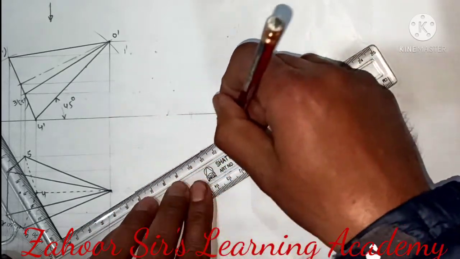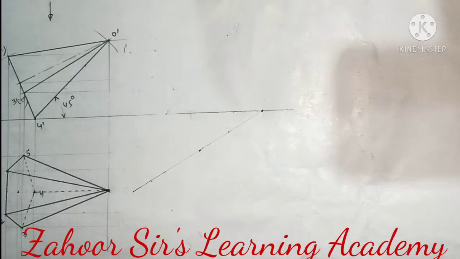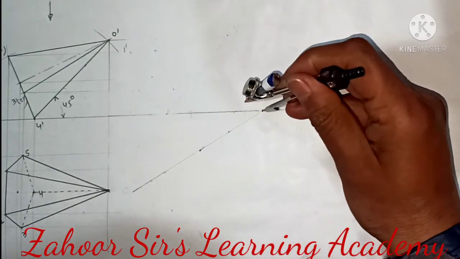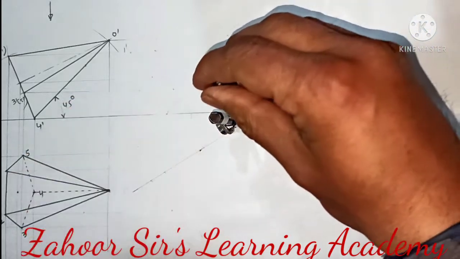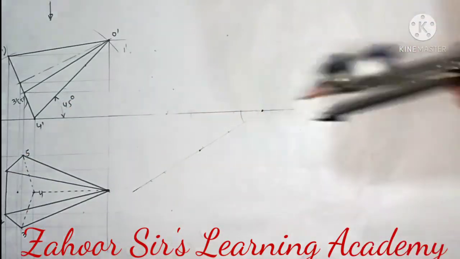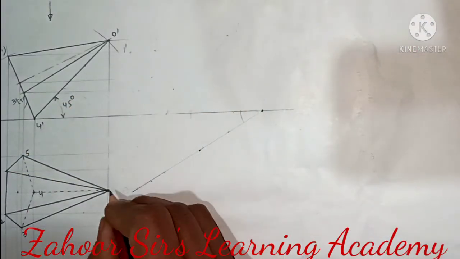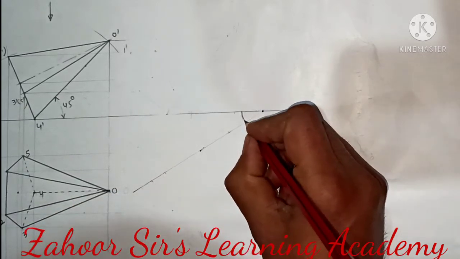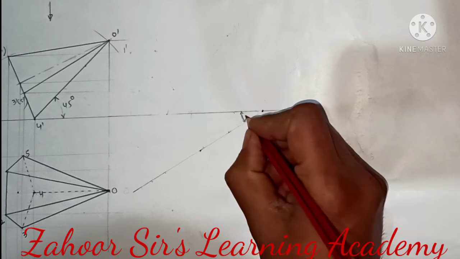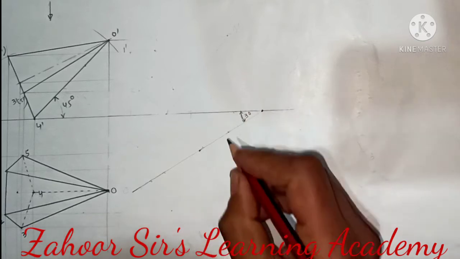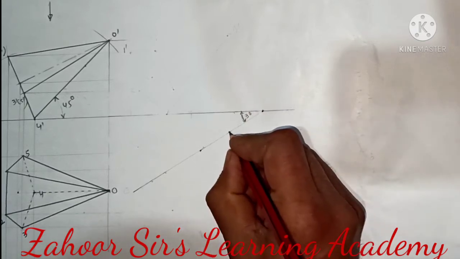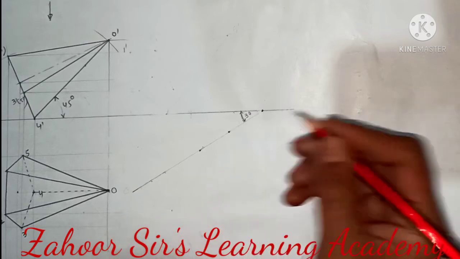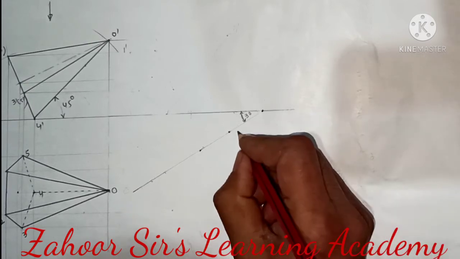And we'll connect these points with a light line. Now on this line, this is how we have to make the angle, 30 degrees. So this is O4, making a 30 degree angle with VP. Now let's say this point is O.